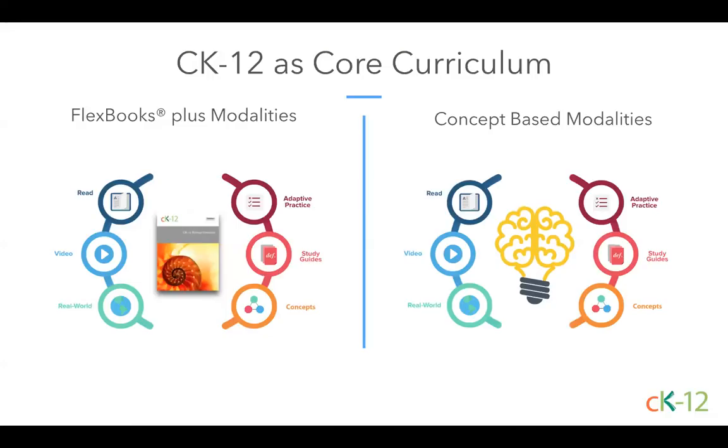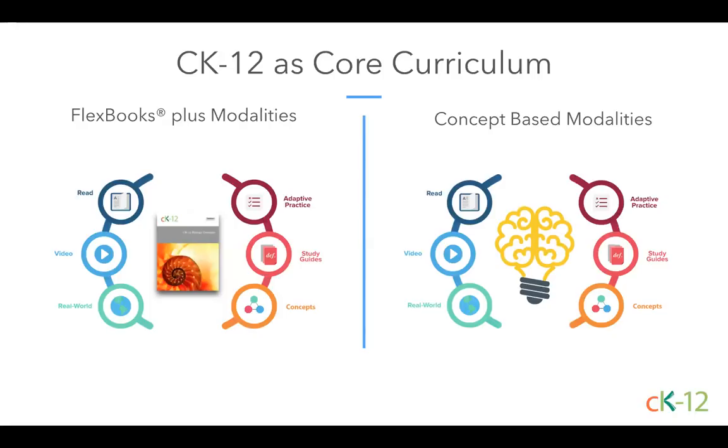So the second way to use CK-12 as the core curriculum is to use a mix of modalities without the anchor of a FlexBook. Many of our users feel they don't need a textbook anymore. Instead, it's much more useful for them to have a variety of modalities for specific differentiated groups. I might break my students up into 3 groups: the purple group, the green group, and the blue group.